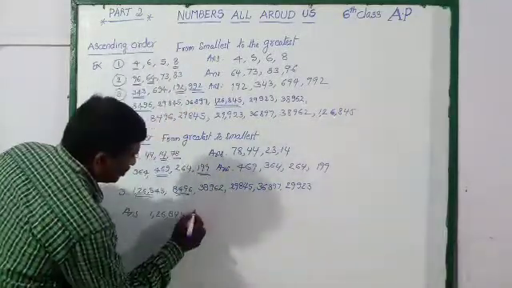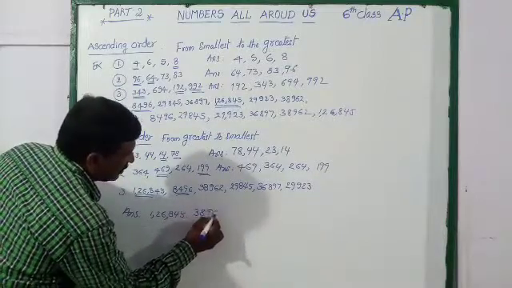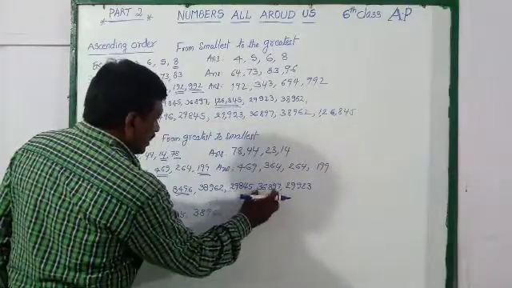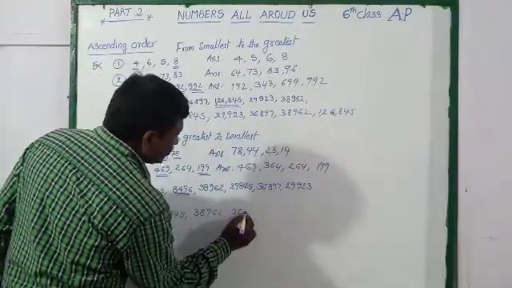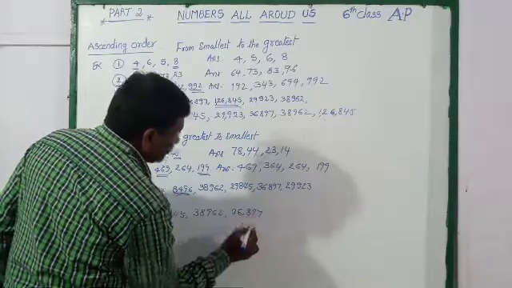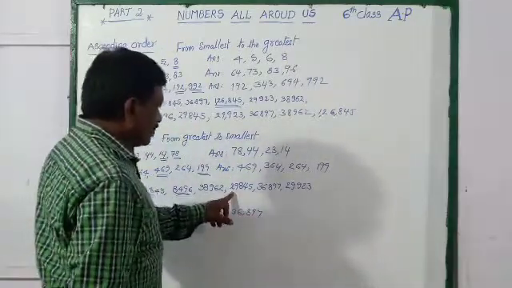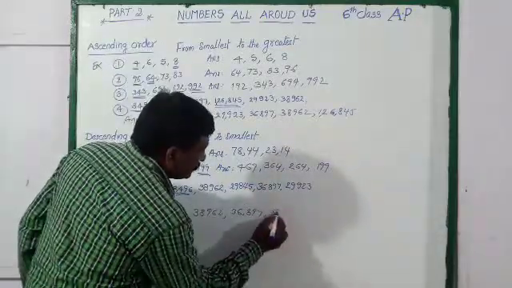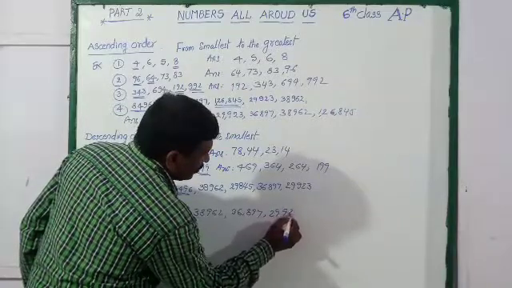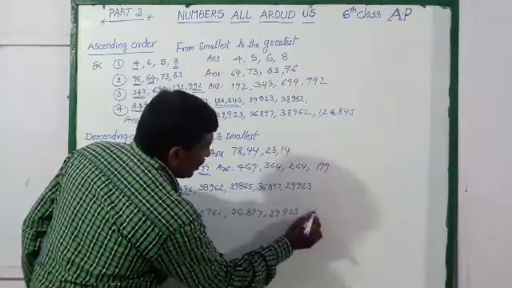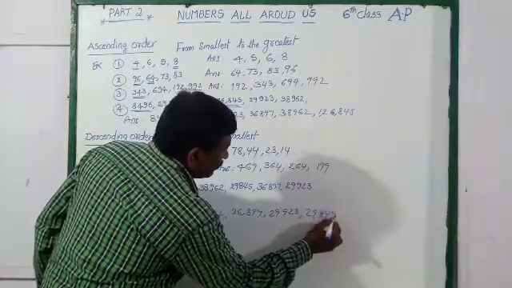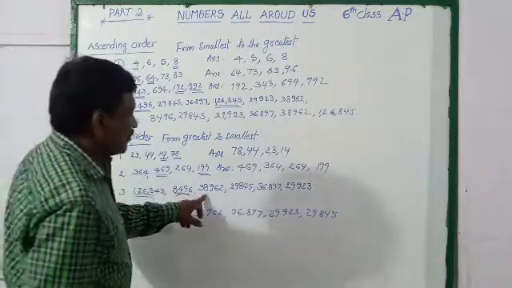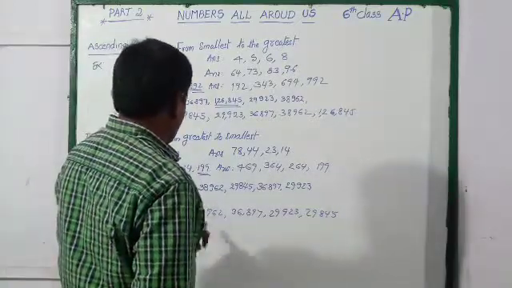So 38,962. Next 36,897. 29,000 has two: 29,923, next 29,845. Next the remaining, 8,496.